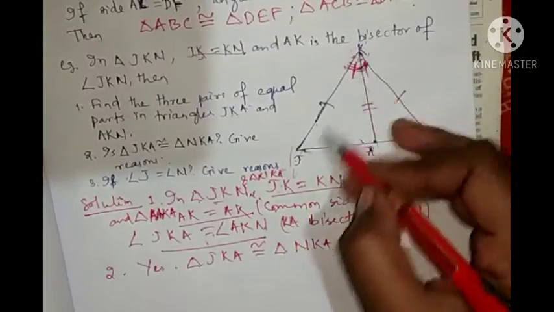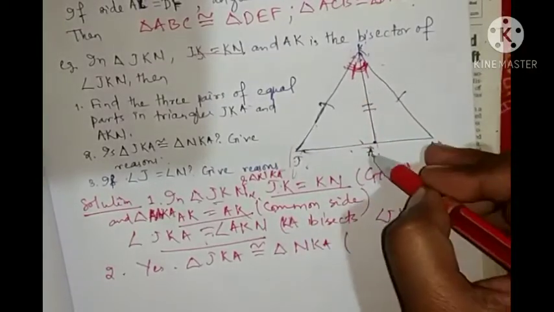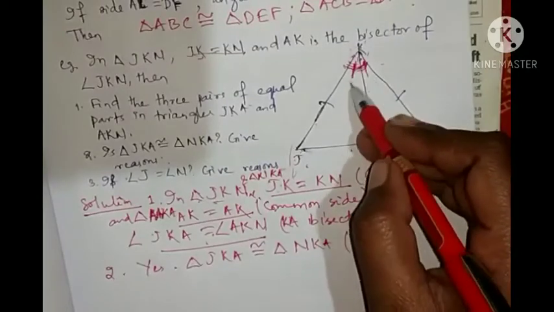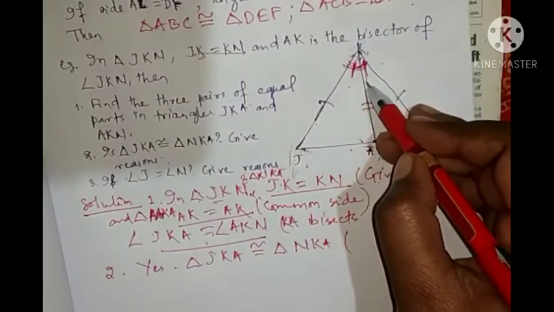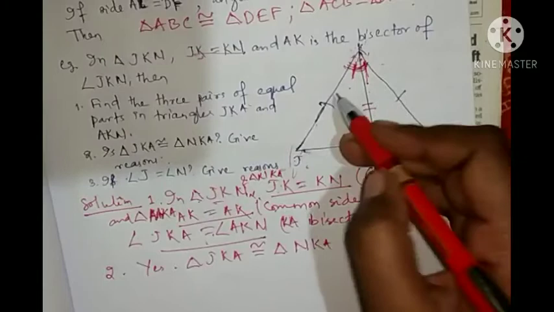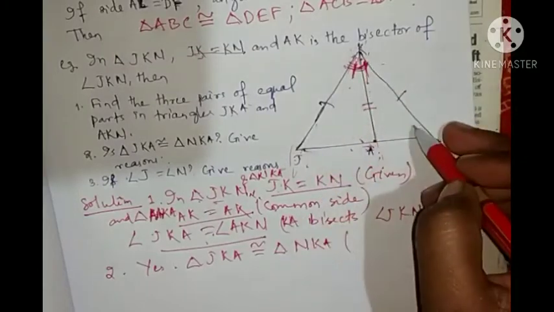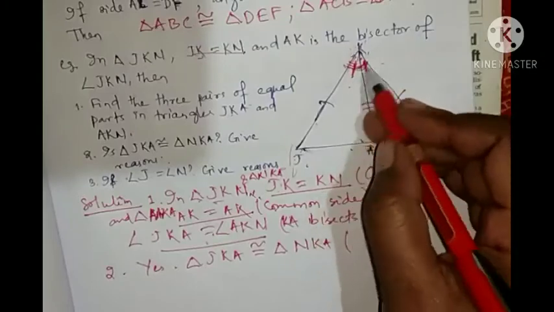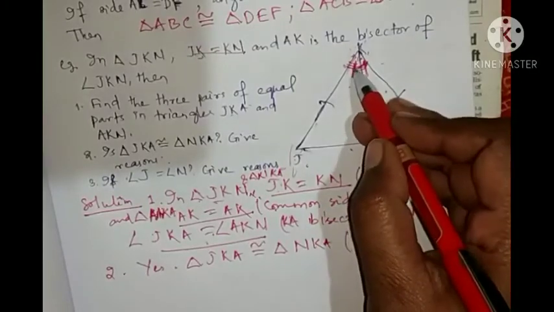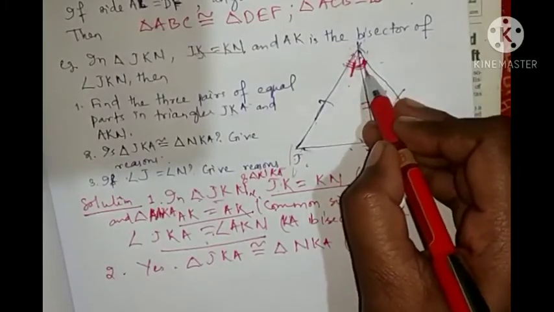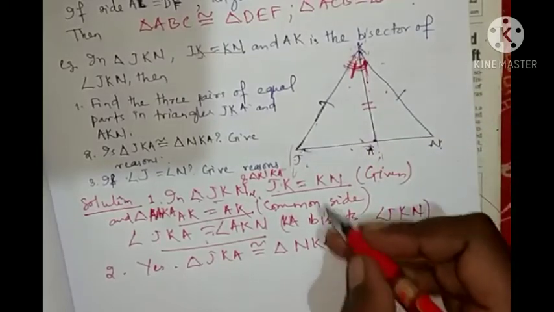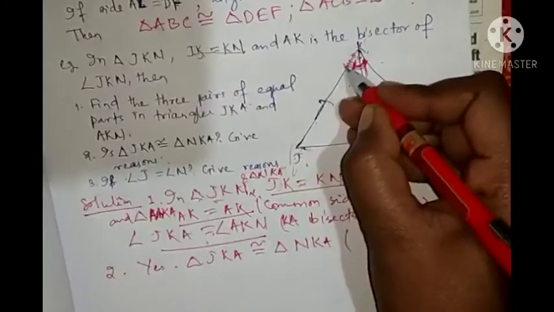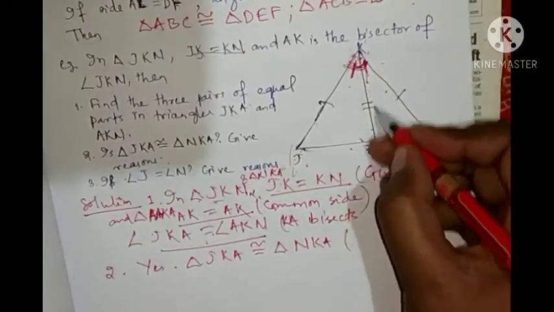JK equal to KN, KA equal to KA, and angle JKA equal to angle AKN. Means two pairs of corresponding sides are equal, and one included angle is equal. That's why it is forming SAS, side angle side.